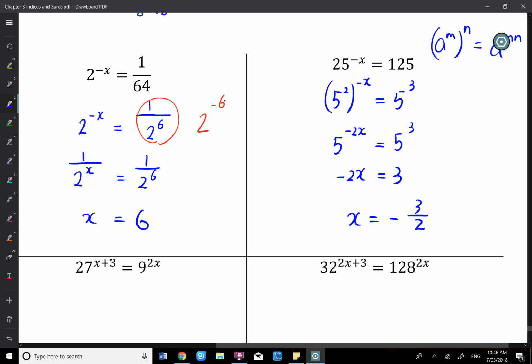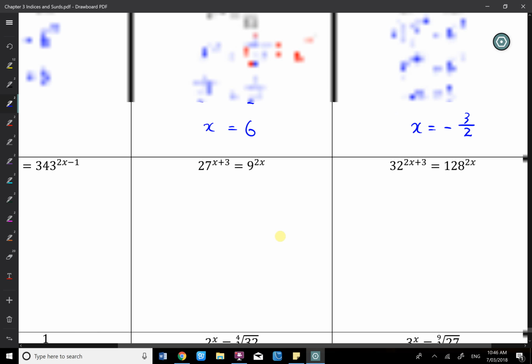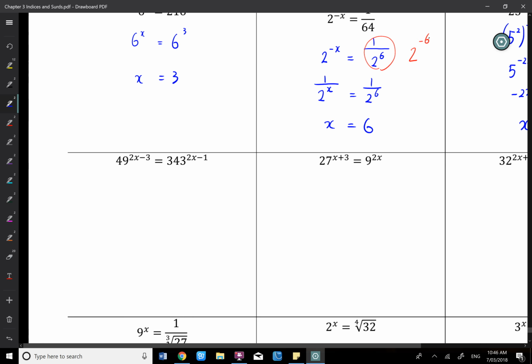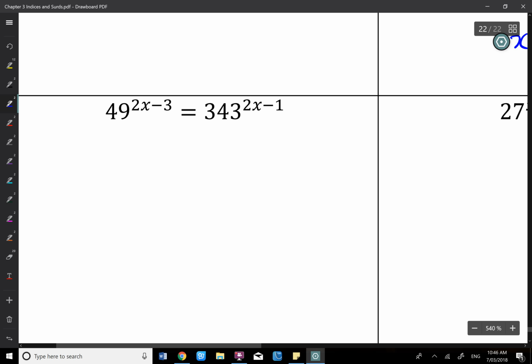That's the third one. Okay, this one. 49 times 7 will give you 343.